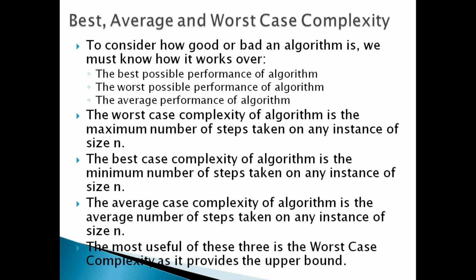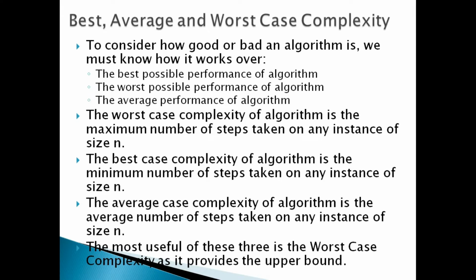Now we have 3 types of complexity with respect to an algorithm: best case, average case, and worst case. The best possible performance of the algorithm is considered the best case.